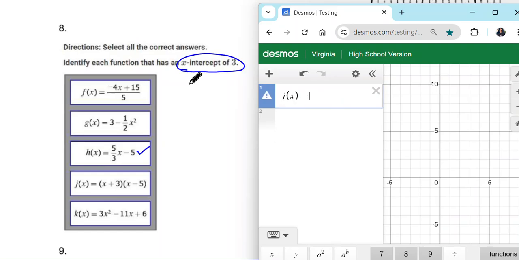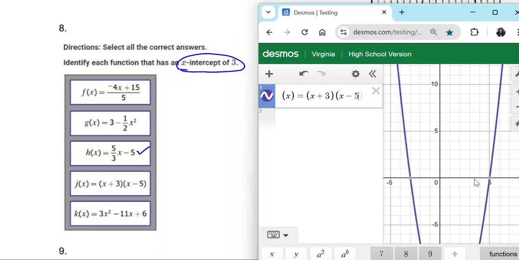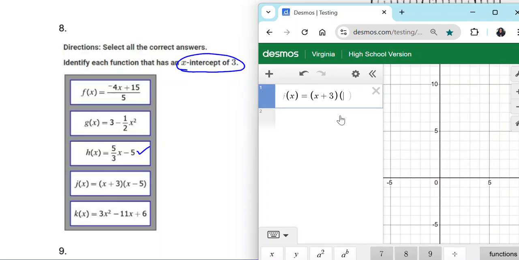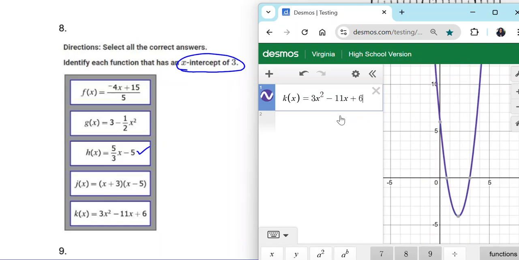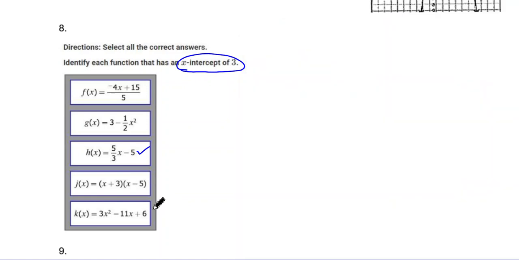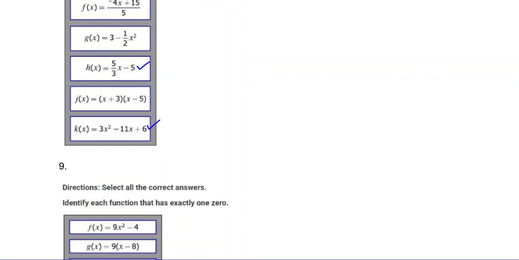Next one has an x-intercept of 5, that doesn't work. And then k of x. X-intercept of 3, yep. So these are the two answers, and I would select both of them.